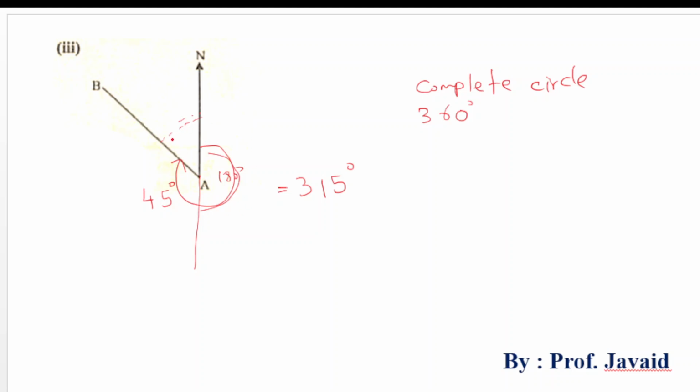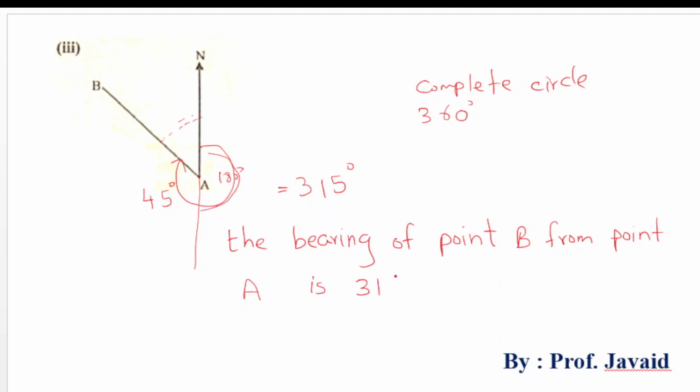You will find this and then subtract, and the remainder will be 45. So you will write the answer like that: the bearing of point B from point A is 315 degrees. I hope you understand this. So let's move toward the next question.